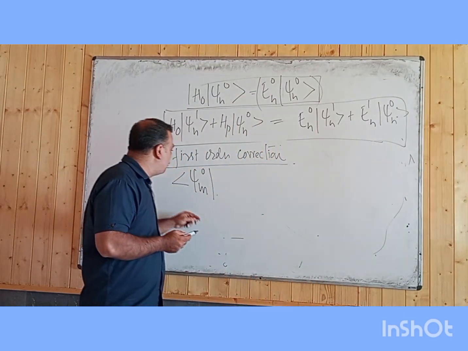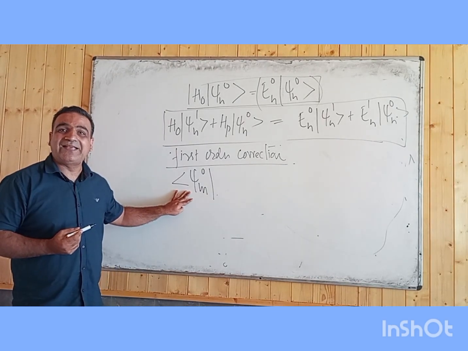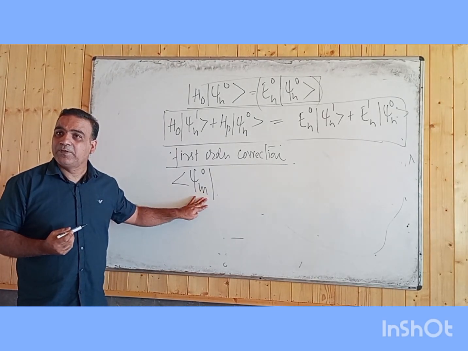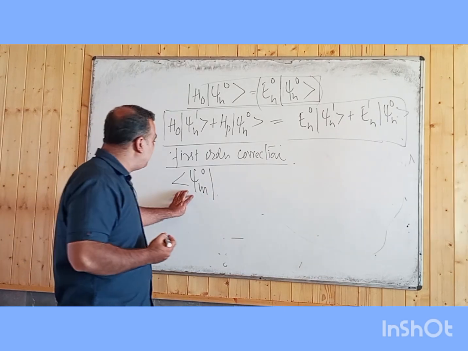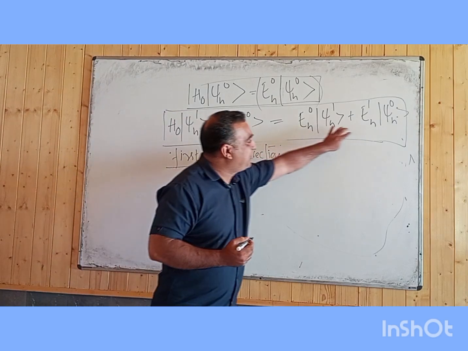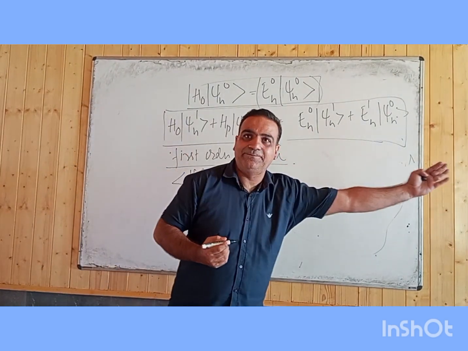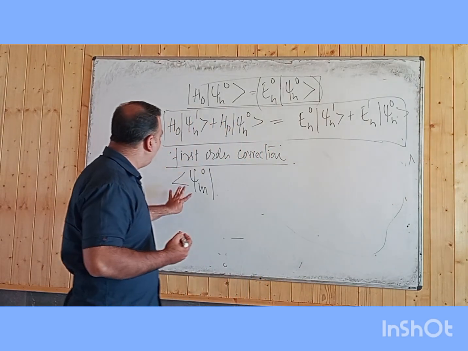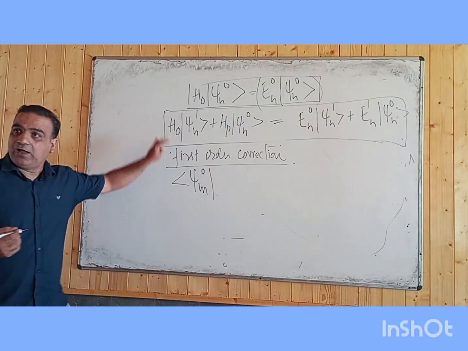So I am choosing a vector psi m0 of the same basis vectors. I multiply this equation by this eigenvector on the left side.